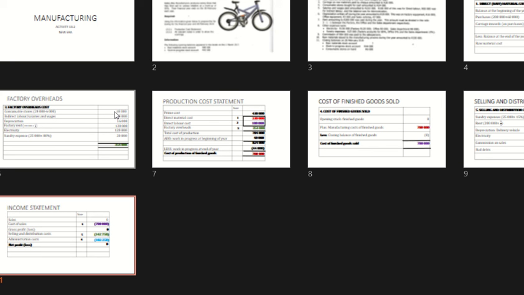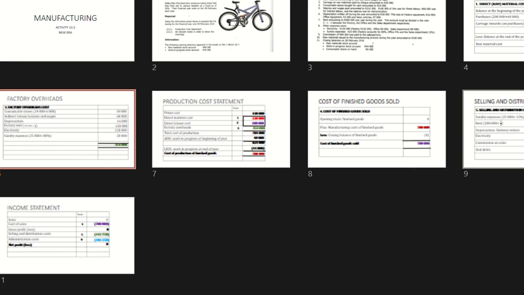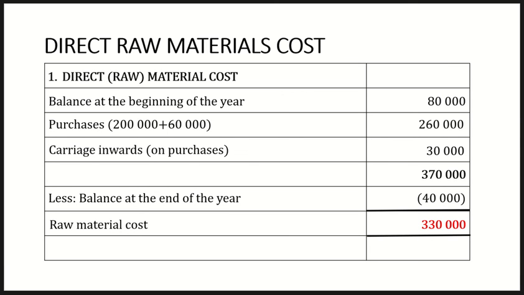But they gave us raw materials issued to the manufacturing process during the year, which amounted to 330. So basically, if I go back to the raw materials note, this is what we were given. We had raw materials at the beginning of the year, which is 80,000. We had purchases of 260. We had carriage of 30. When you add all those up, they will give you how much? 370, yes. But raw materials issued to production was?